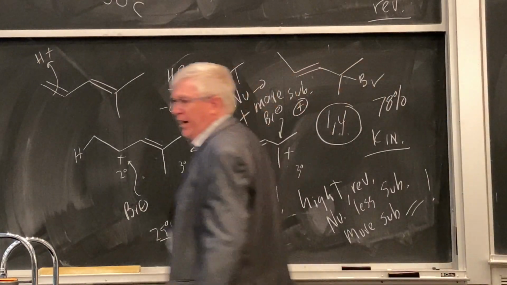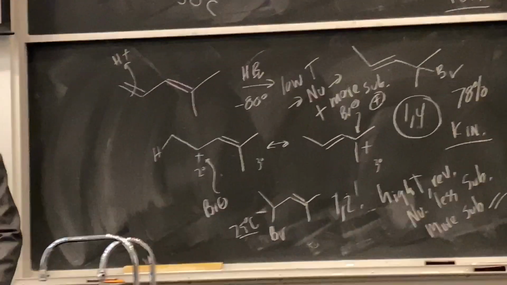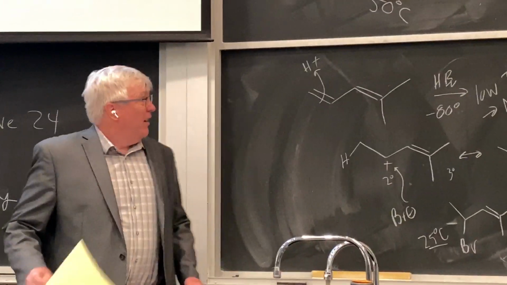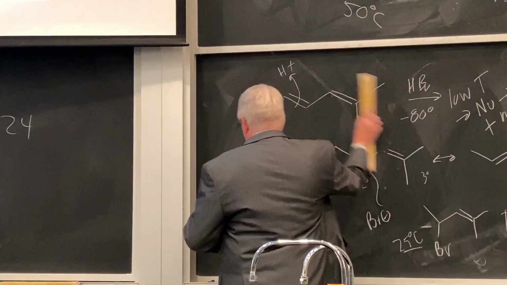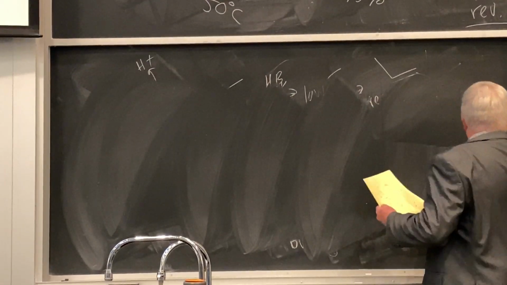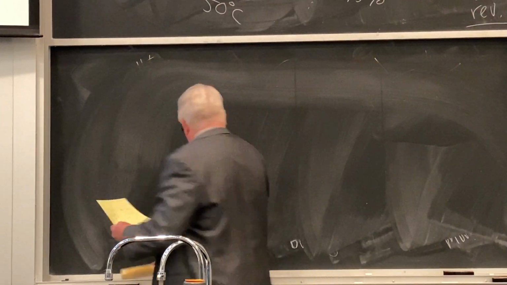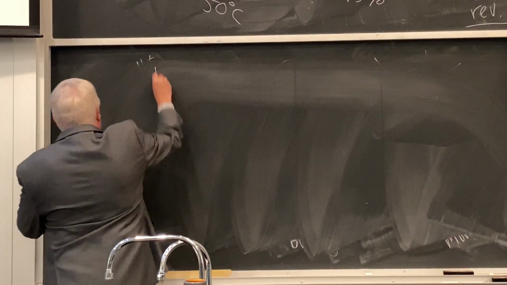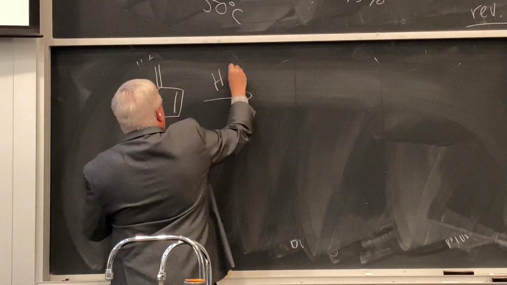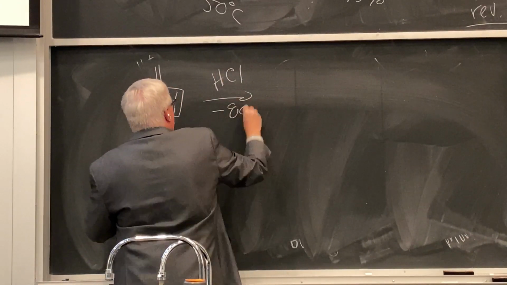Let's do a couple other examples maybe, and see if we can lock this idea in. Let's give you another substrate. How about this one? HCl at minus 80 degrees.